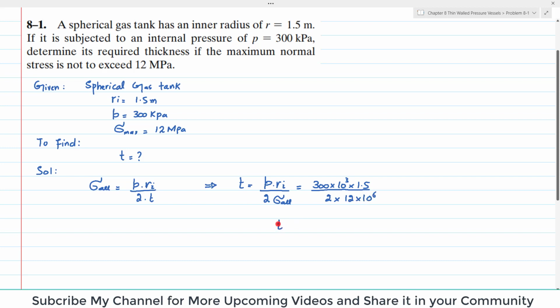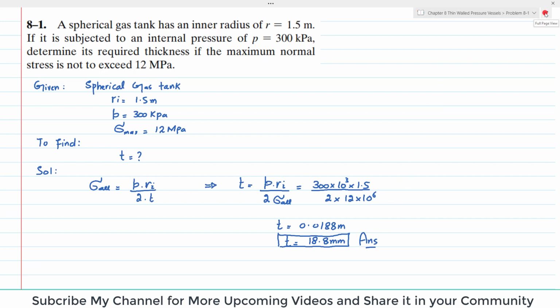So when you calculate it, this T will be equal to 0.0188 meter, or if you further simplify, it will be equal to 18.8 millimeter. So this is the required thickness of this spherical gas tank. I hope you have learned from this video.